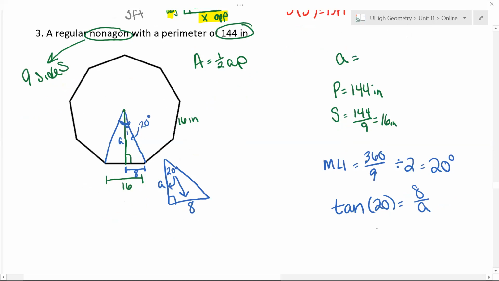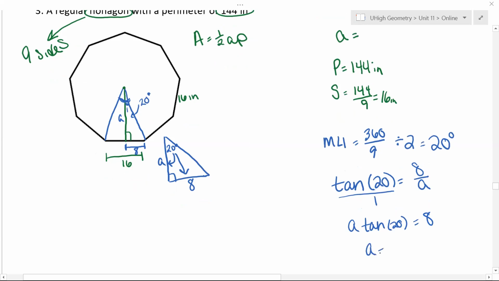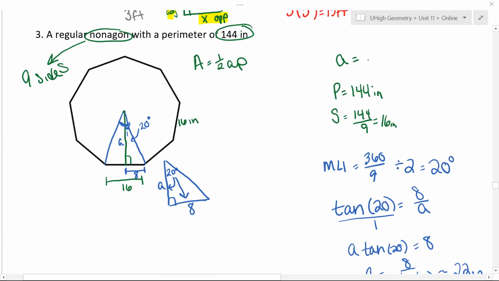I do my cross products and I get A times the tangent of 20 equals 8. And if I divide both sides by the tangent of 20, I get that A is approximately 22 inches. Perfect. So now I found my apothem to be 22 inches.